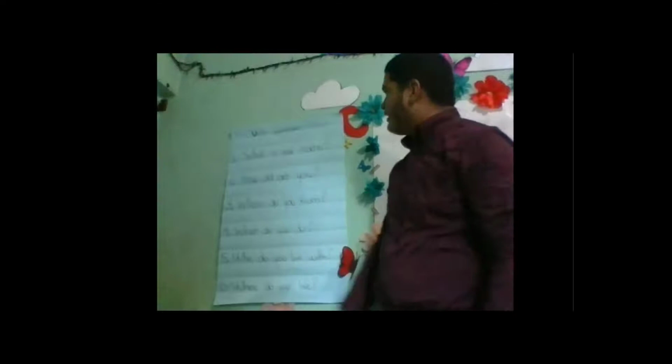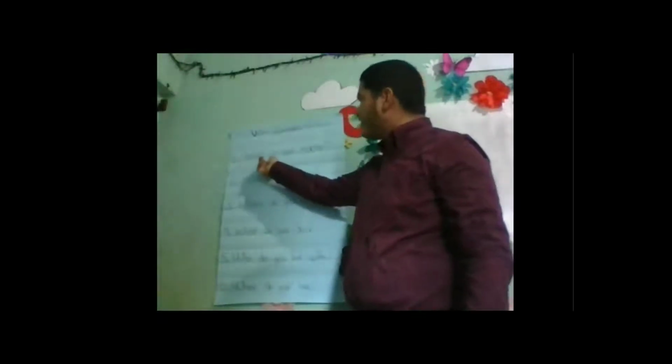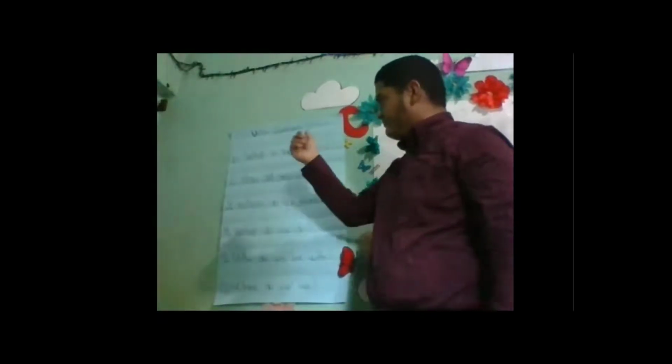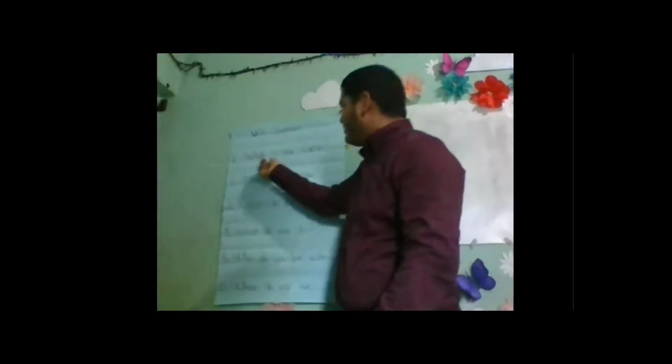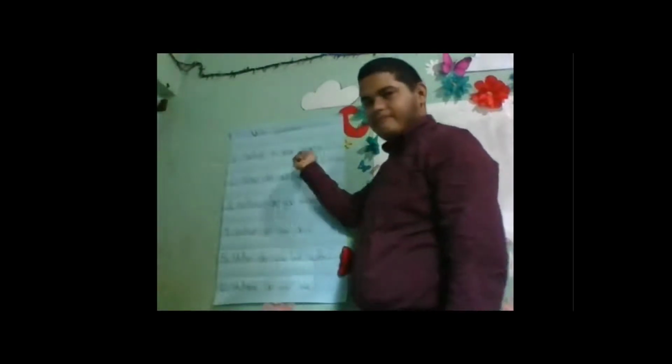The first one is, what is your name? Aha! If you remember, in the bingo game, the word what appeared, and in the previous game, the word name appeared in the hangman. So, what is your name?